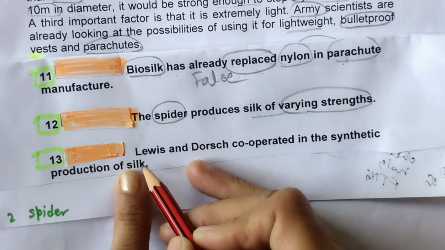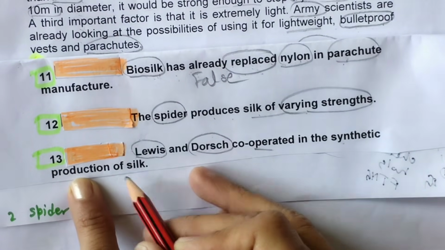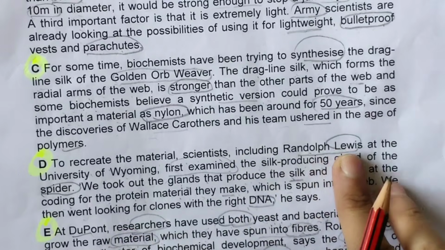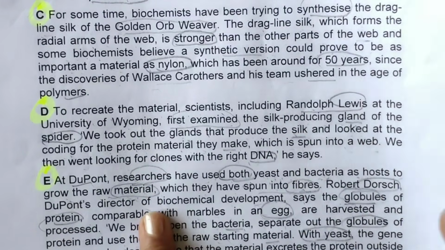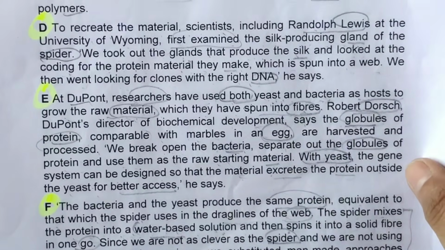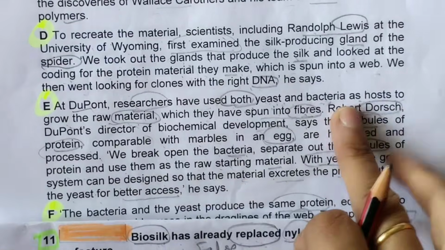Now let's find this. Levi's and Dorsch cooperated in the synthetic production of silk. Okay, so these persons, here in this paragraph alone he is doing something, and Dorsch is also doing something here. But in the whole paragraph, I will show you other paragraphs also.